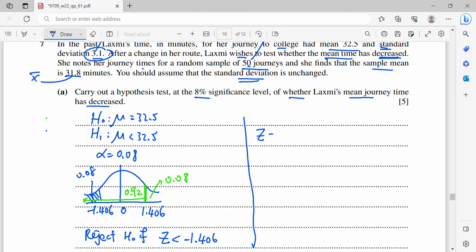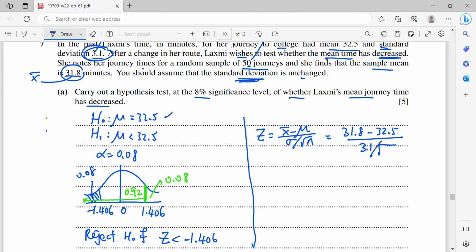So your Z value is x bar minus mu over sigma over square root n. My x bar is given in the question, 31.8, minus this mu, which is the mu at the H0, 32.5, over, and it's mentioned the standard deviation is unchanged, so we use 3.1, the population standard deviation instead of the sample.